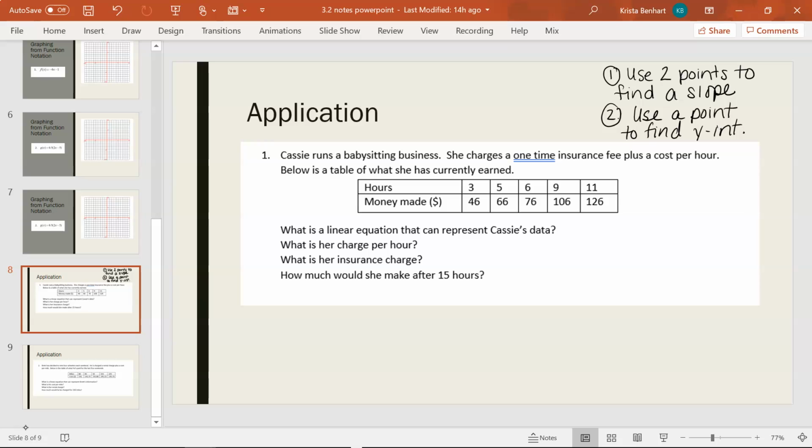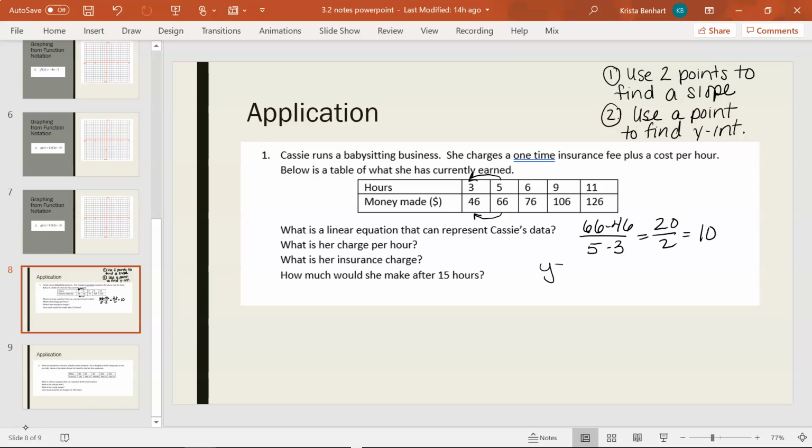Okay, so I chose to use these two. So I'm going to take 66 minus 46. We're finding the slope over 5 minus 3. So I get 20 over 2, which gives me a slope of 10.